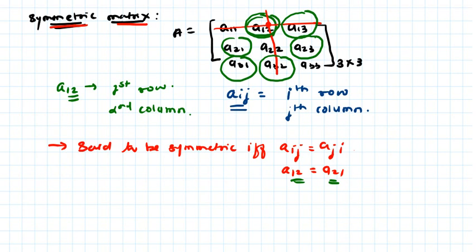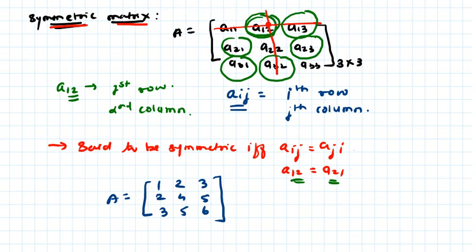We will take one example. Consider the matrix 1 2 3, 2 4 5, 3 5 6. Here this is entry A12 and this is entry A21, both are equal.